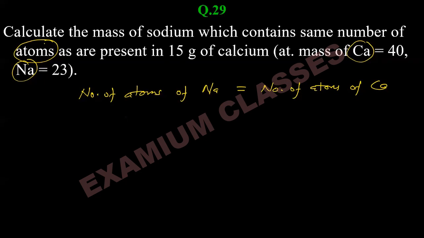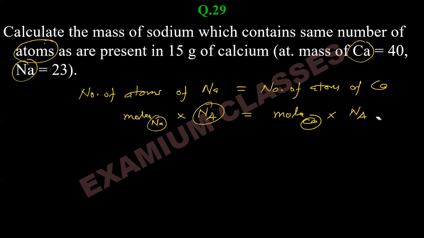So here it will be moles of sodium multiplied by Avogadro number, and here moles of calcium multiplied by Avogadro number. Remember, this one is sodium and this one is Avogadro number. Here it is calcium.